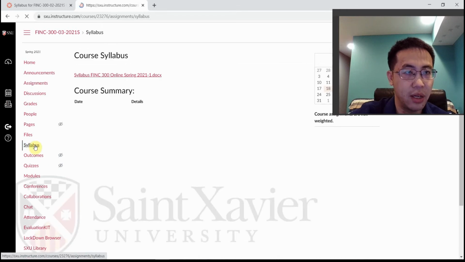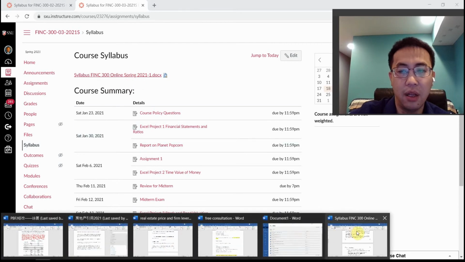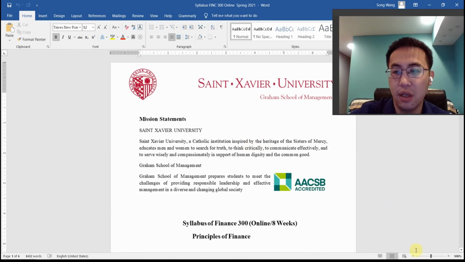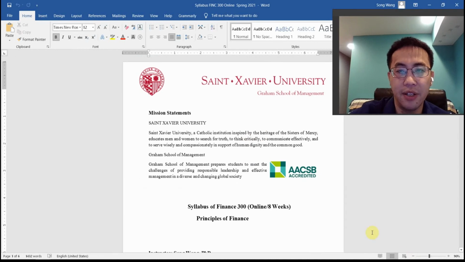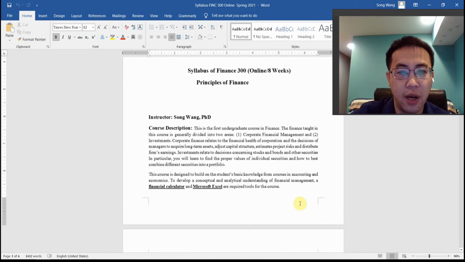So the syllabus is right here, and you will see some projects waiting for you, and you will see the due dates here that were previously set up, and the syllabus file is up here, which is ready for you to download. So assume that you have downloaded the syllabus. So this is what's in there. Basically, it provides the outlook of the class and the basic rules and what you need to follow.